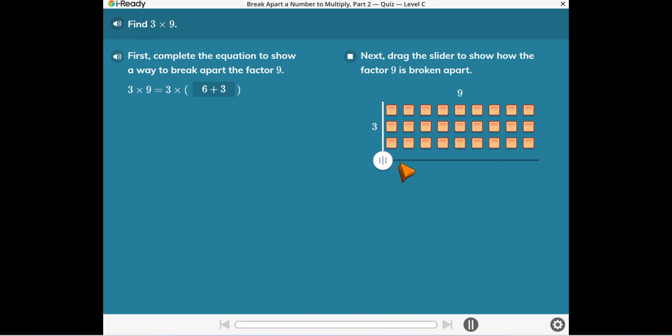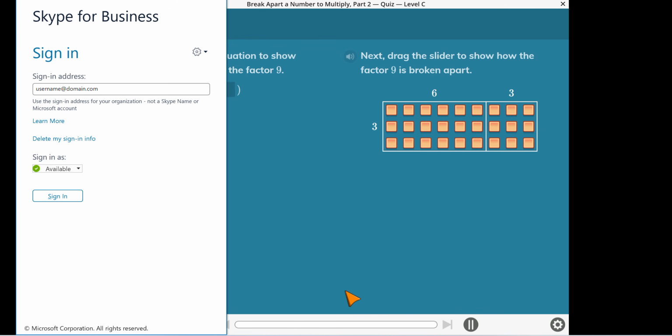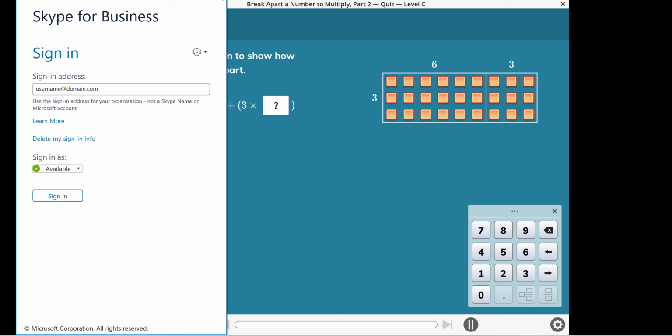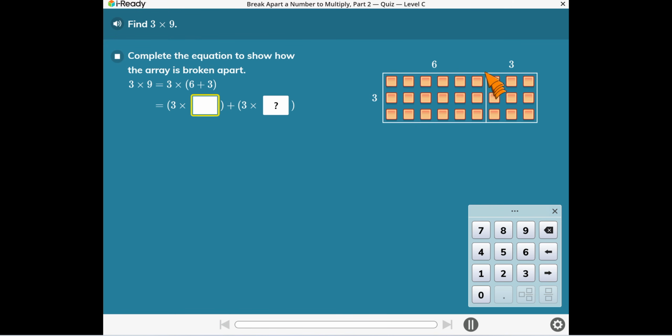Next, drag the slider to show how the factor 9 is broken apart. That's right. But let's break apart the array like this. Complete the equation to show how the array is broken apart.